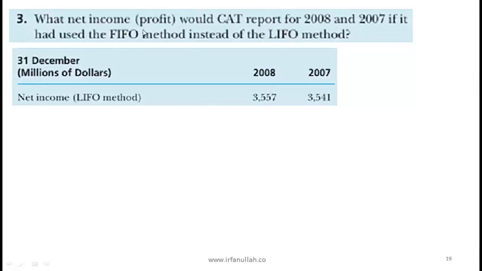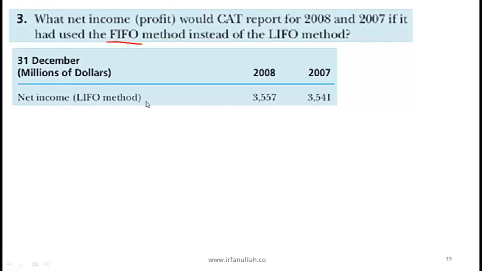Okay, next, what net income would Caterpillar report for 2008 if it had used the FIFO method instead of the LIFO method? First of all, intuitively, given that we have rising prices, would the income be higher or lower? That is the first piece of intuition.